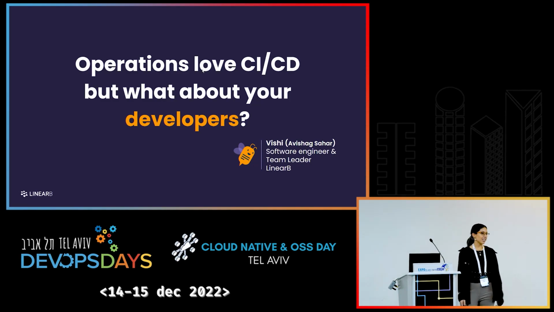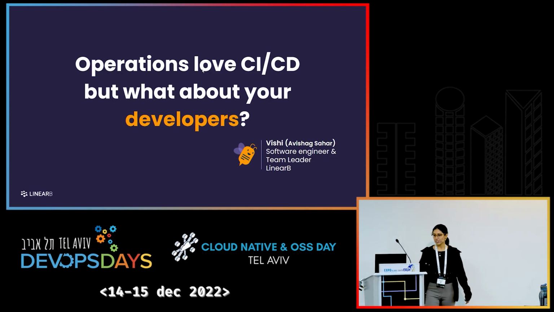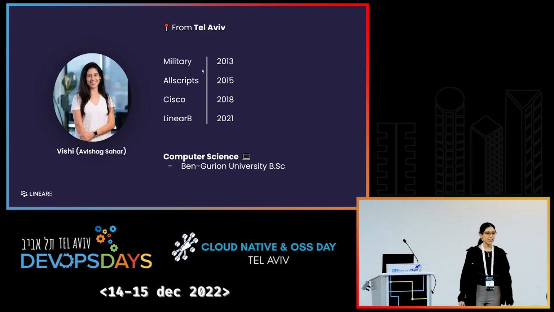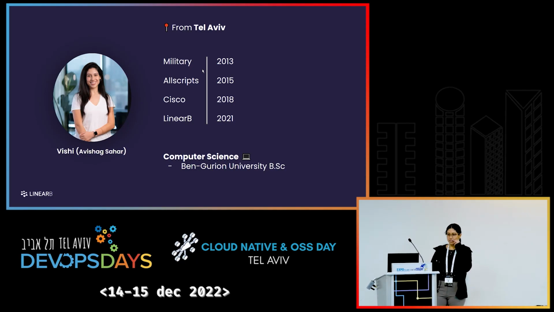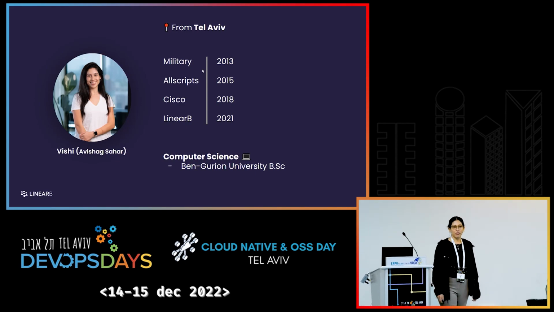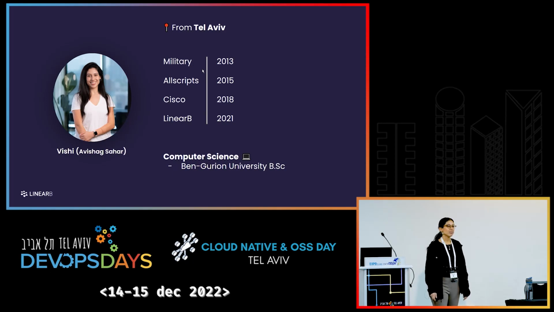So as I mentioned, I'm Avishag. All my friends call me Vishy because it's just shorter. I started my tech career in the military like a typical Israeli developer. I worked in the industry for a few corporates, and about a year or two ago, I joined LinearB.